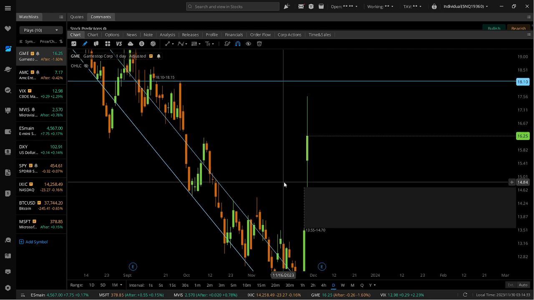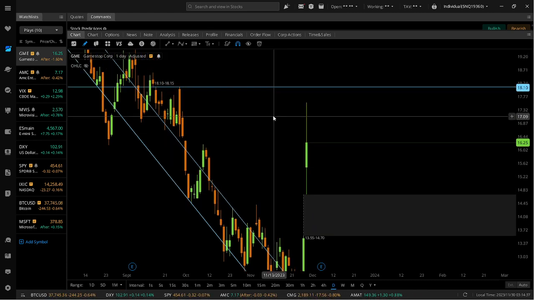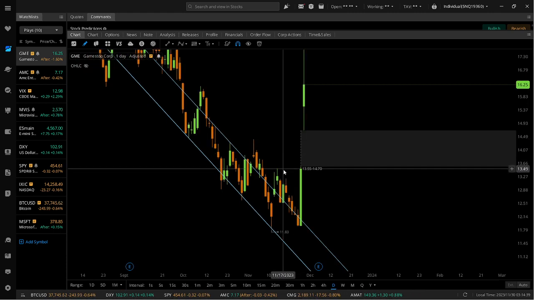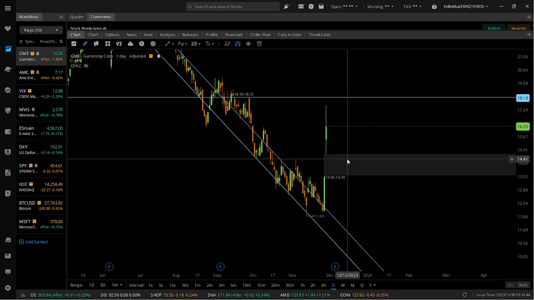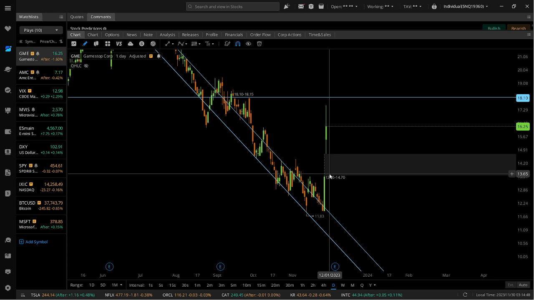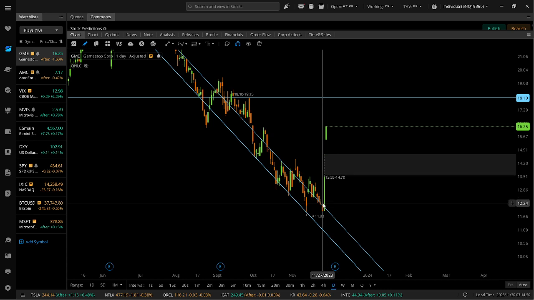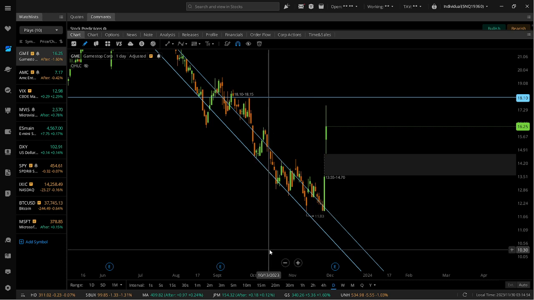And then it would take a couple of weeks to come up and fill 18 or fill these gaps up here. But instead, it just dug down and filled them in like 2 or 3 days. Really what happened was, I bought calls when earnings were supposed to be on the 12th. And then after I sold them, earnings got an early release update. So that's my luck right there.